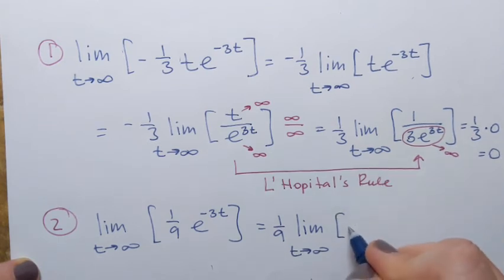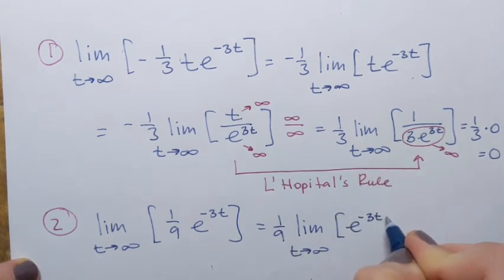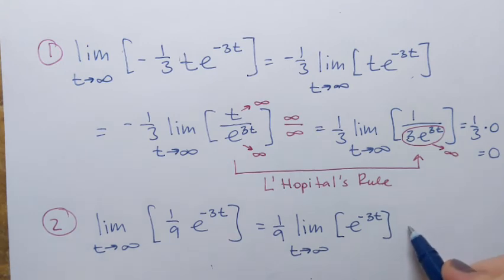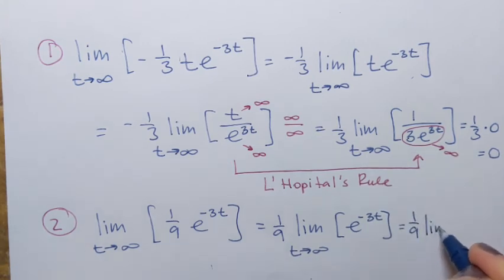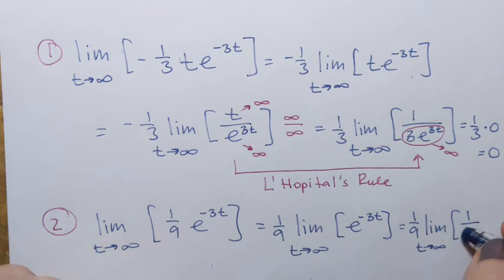And I need to find the limit of e to the power -3t. But it's also going to be convenient to rewrite it with a positive power. So it's 1 over 9 limit as t goes to infinity of 1 over e to the power 3t.